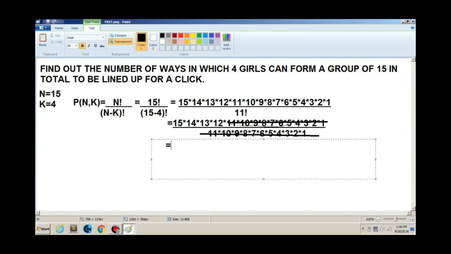So there are only 4 numbers left: 15, 14, 13, 12, over 1. 15 times 14 times 13 times 12 is equal to 32,760.